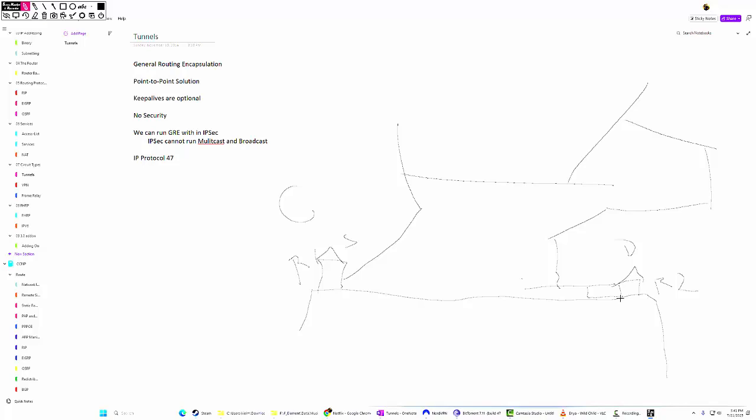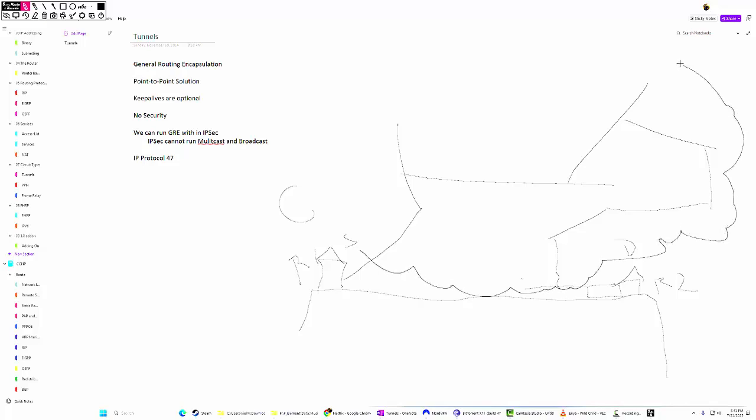I am depending on the routers downstream that I know nothing about, because this connection is to the internet.